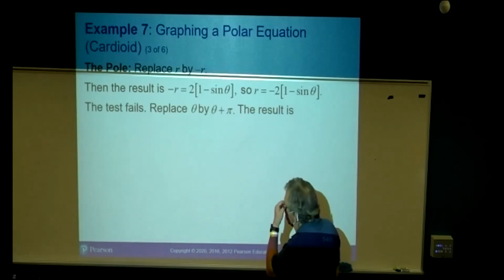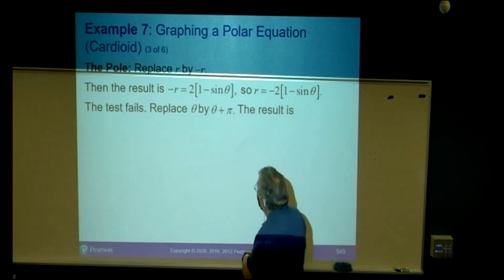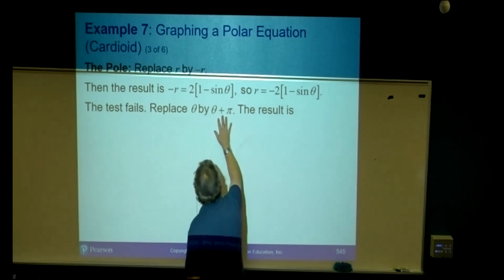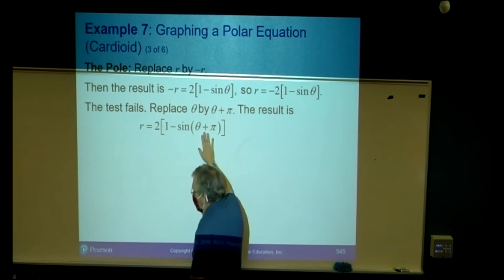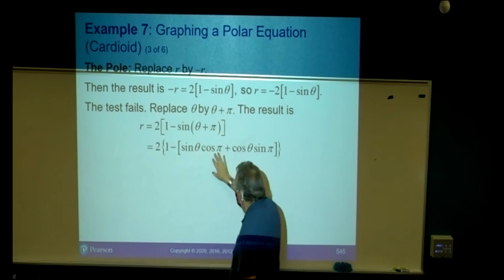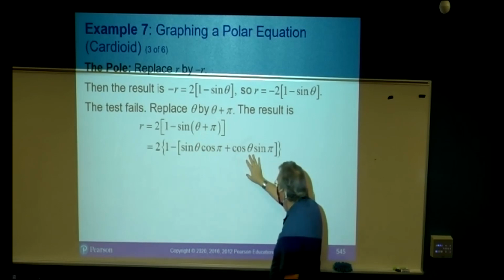So it fails. And so you go ahead and do the other way by replacing theta with theta plus pi. And you end up doing the sine of the sum of 2 angles. And so the cosine of pi is negative. And the sine of pi is 0.